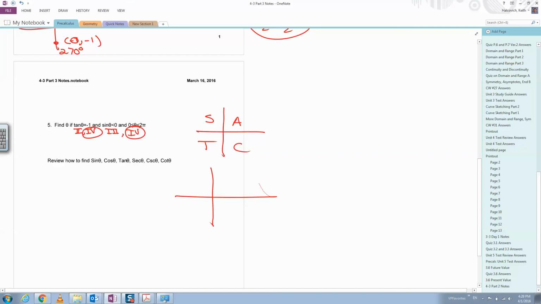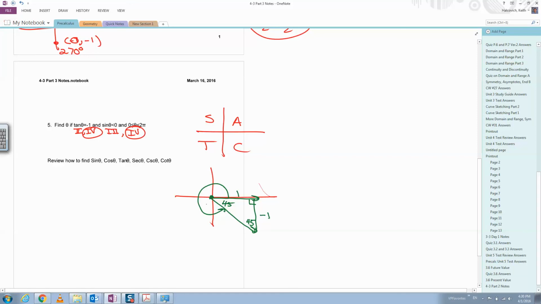So if we draw the picture, this angle's in the fourth quadrant. And it says the tangent is negative 1, which means that the opposite over the adjacent is negative 1, which means the x-coordinate is positive and the y-coordinate is negative, which means that this has to be a 45, 45, 90 right triangle.